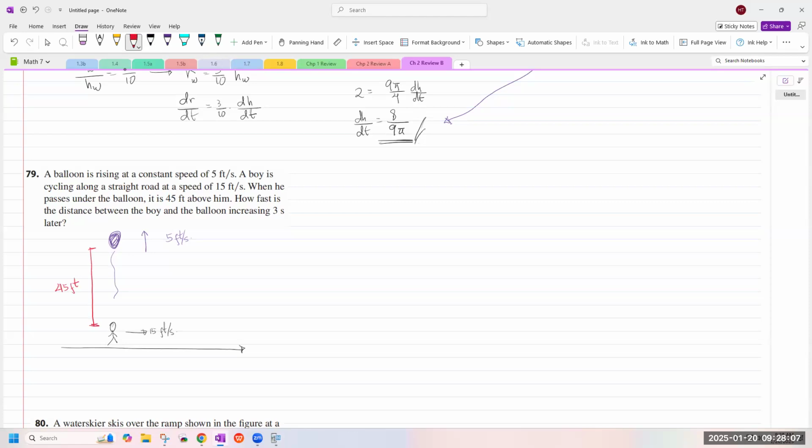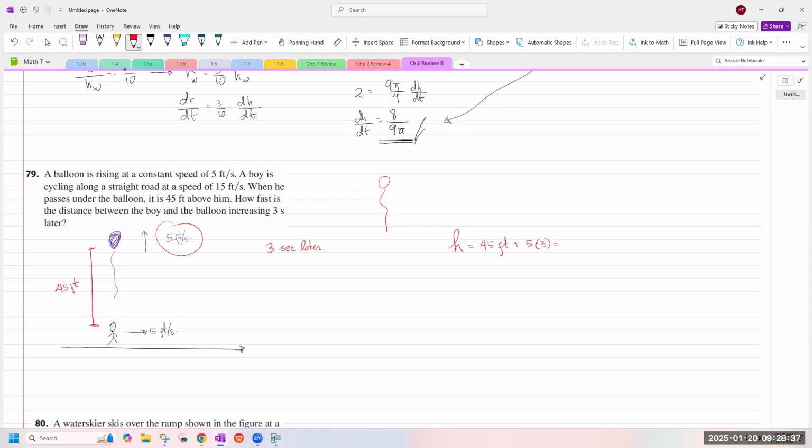3 seconds later, the height of the balloon will be 45 feet plus 5 feet per second times 3, right? Because the balloon is increasing at 5 feet per second. 3 seconds later, the position is already times 3.